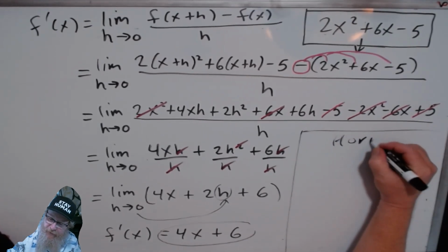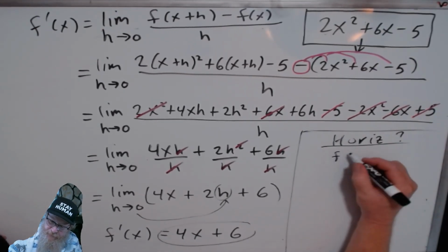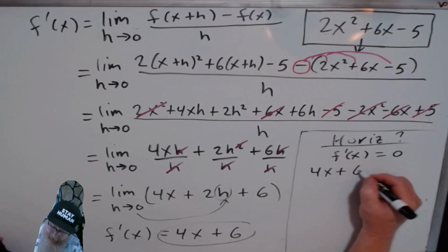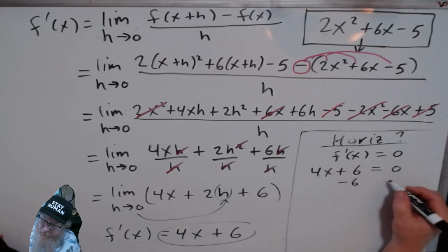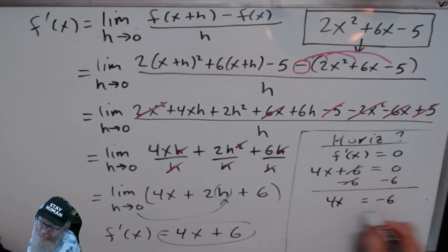I'm going to make it look a little cleaner for you guys. Horizontal, f prime is equal to 0. I want you to have a nice, clean step-by-step for something that we're going to be doing a lot of as we move forward.